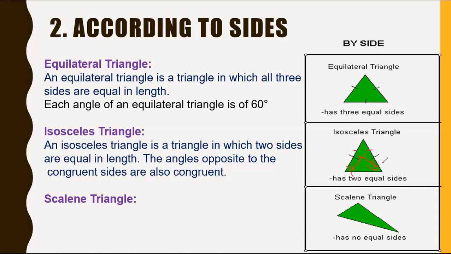These two angles are also congruent. That means angles opposite to the congruent sides are also congruent. These two angles are congruent.